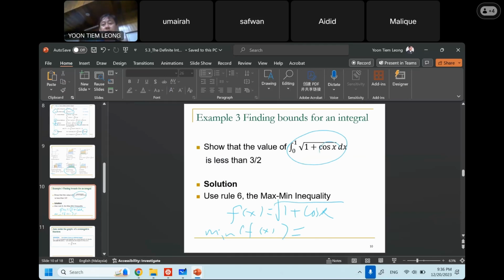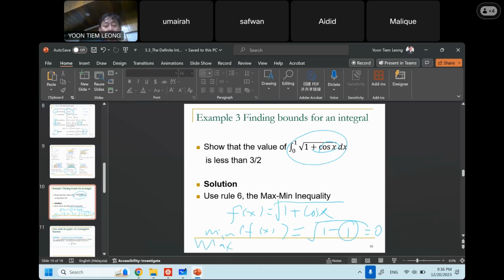So when x changes, cos x will also change, but the smallest value of cos x will be just equal to -1. So the minimum of the function is 1 minus 1, where cos x becomes -1, which is 0. So the minimum of the function square root of 1 plus cos x is 0.